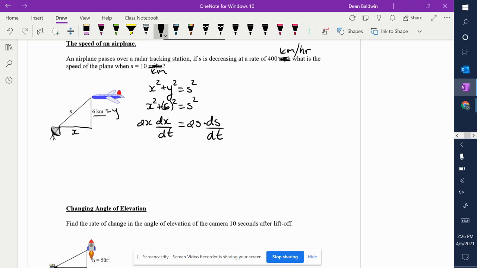What are we trying to find? The speed of the plane. What represents the speed of the plane? This is our equation. What represents the speed of a plane? I've heard 2 things. Who says ds dt? Who says dx dt? Dx dt's are correct.